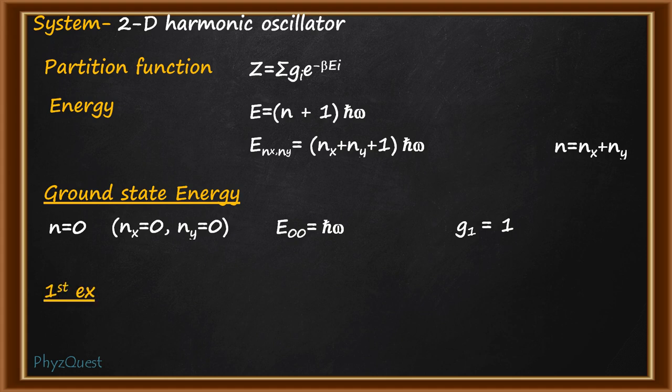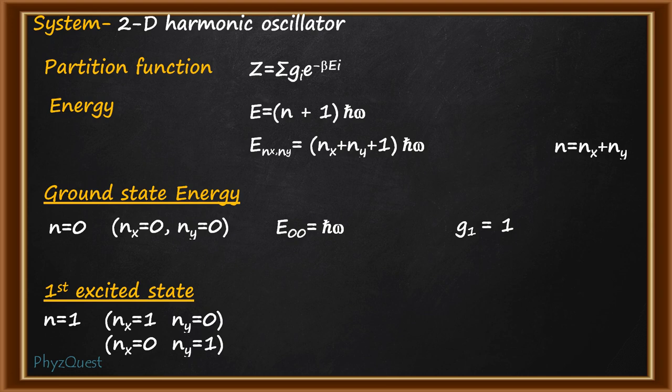Now let's talk about the first excited state energy. Here n will be equal to 1. For n equal to 1, there are two possibilities for nx and ny. Either nx is equal to 1 and ny equal to 0, or nx equal to 0 and ny equal to 1. In both cases, n will be equal to 1.